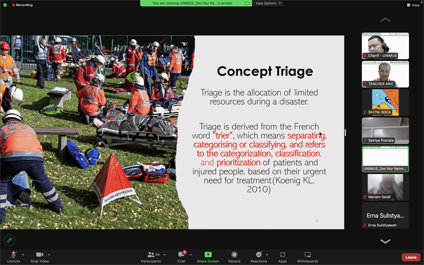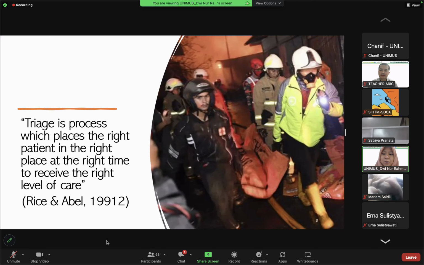The point is triage is the process of separating, categorizing, and classifying to sort which person or people need treatment more than others, because it involves a mass amount of people. So we really need management to decide who should be taken first.